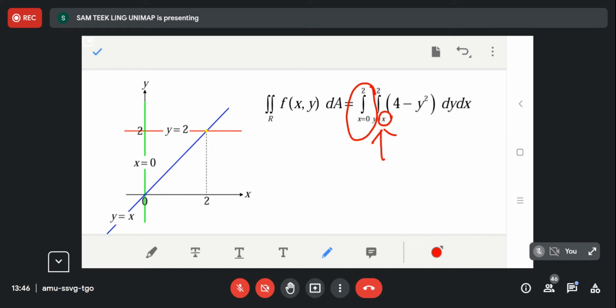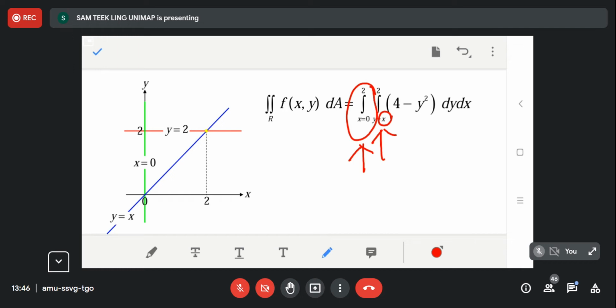Starting, ending also a value. Don't give me a variable. Because if your second limit is a variable, your final answer will be a variable. You cannot find your answer.